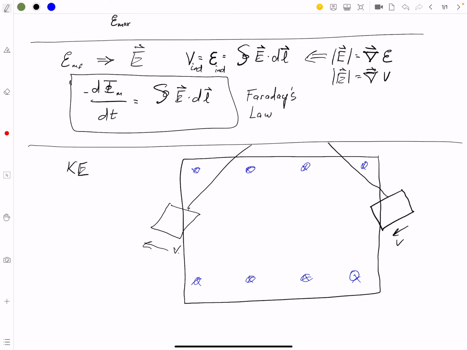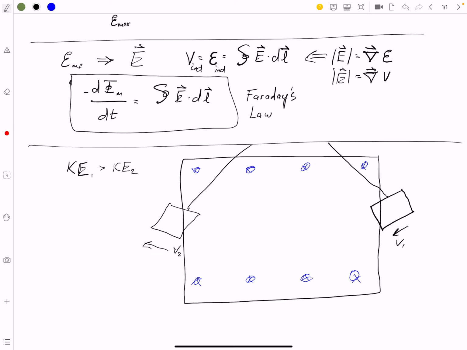So V2 is going to be less than V1. The reason for that is the kinetic energy in position 1 is greater than the kinetic energy in position 2.